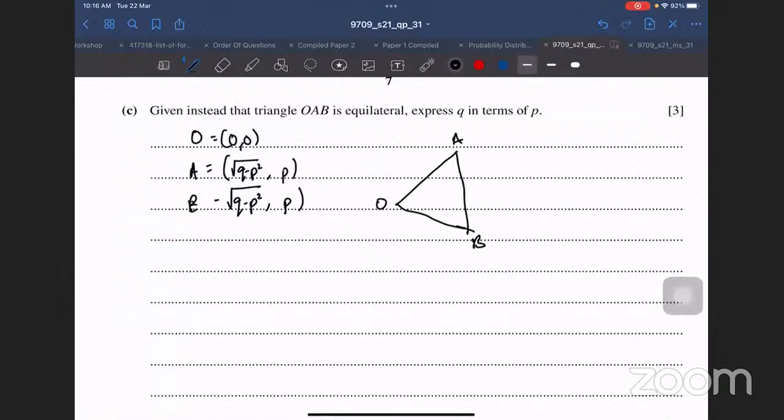I can use the distance formula to do this. I can calculate the length of AB. I can say that it's going to be root of p minus p squared plus root of q minus p squared minus root of q minus p squared.